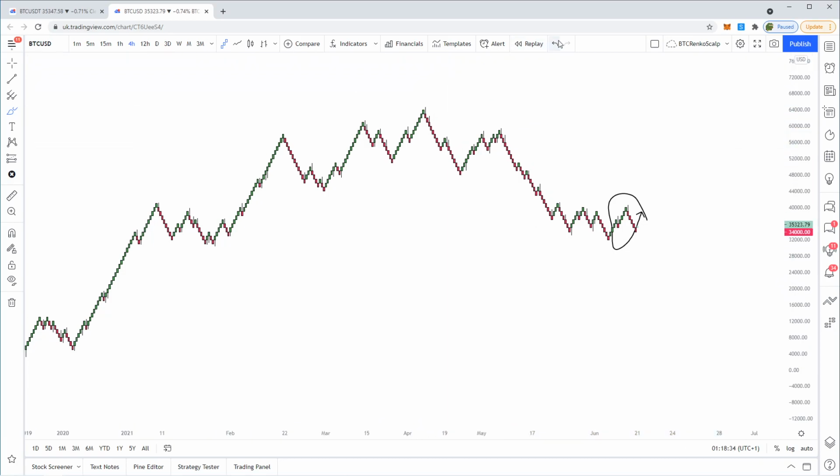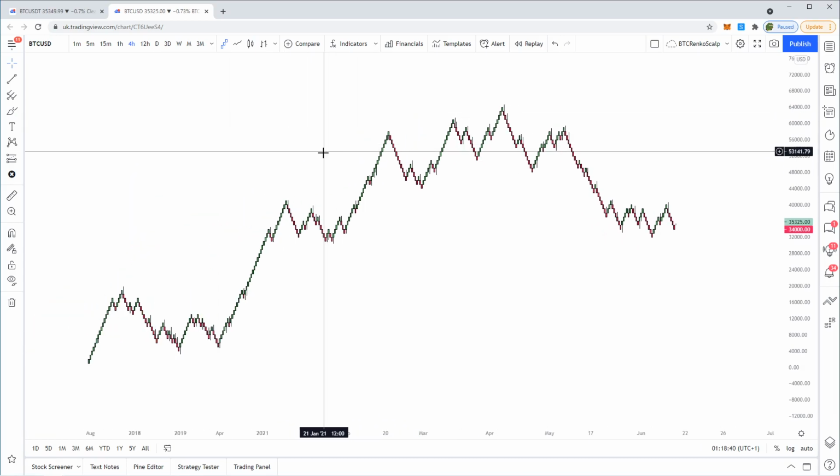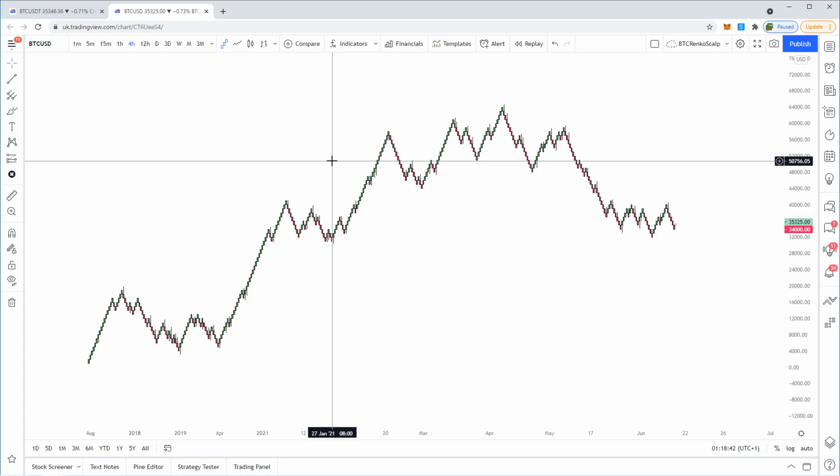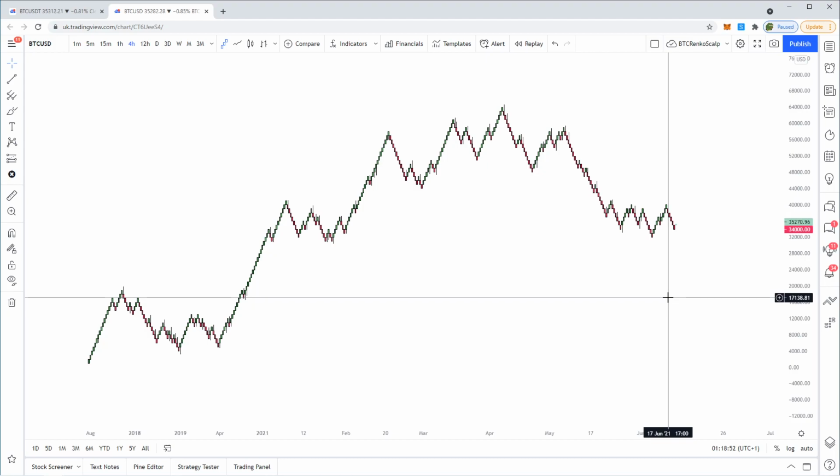Now what this means, and this is another term that you'll hear with Renko, is that charts repaint. So what we mean by repaint is if the ATR value of the last 14 days is 300, then everything's going to be set to 300.